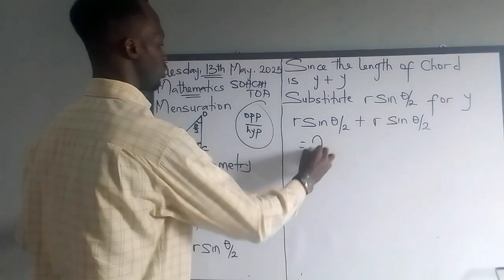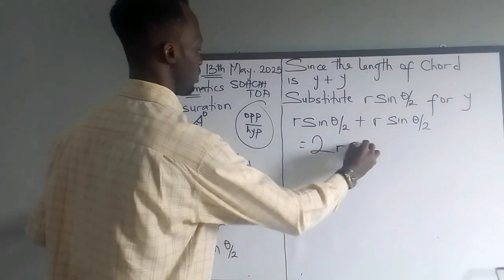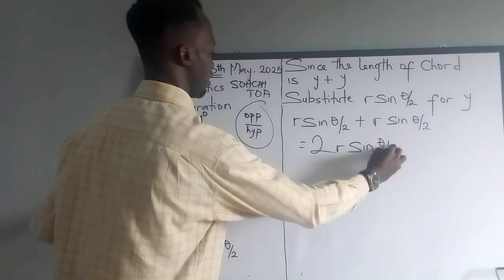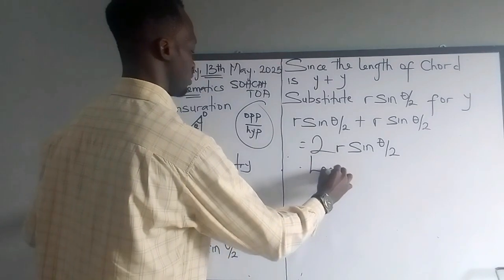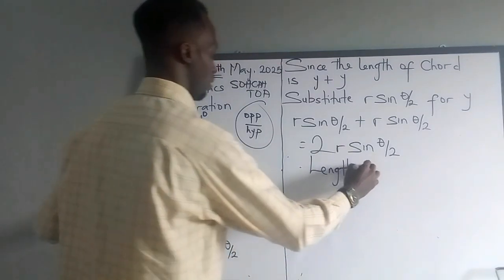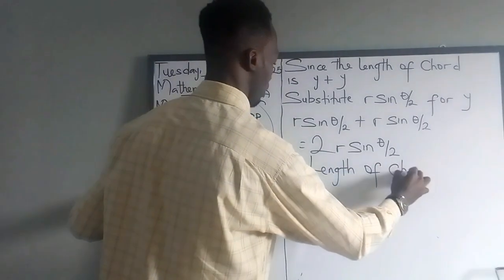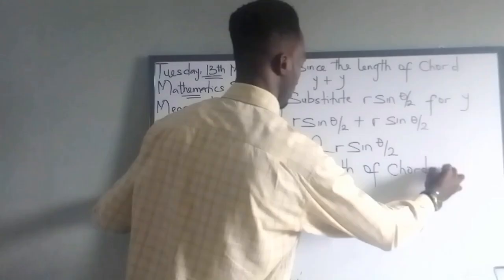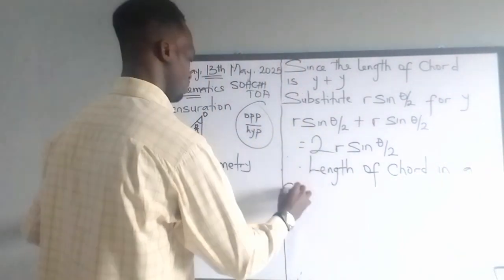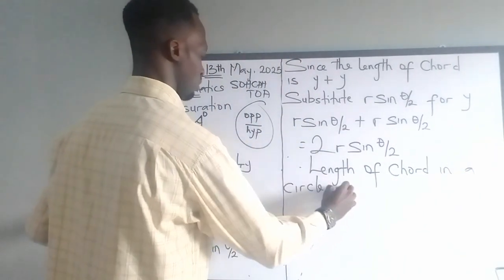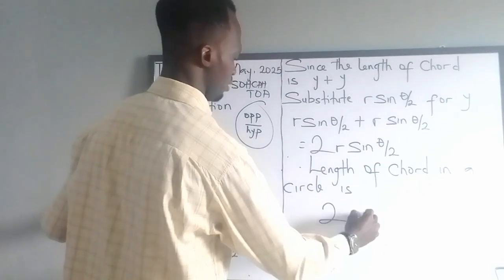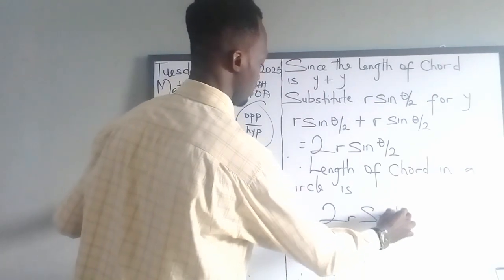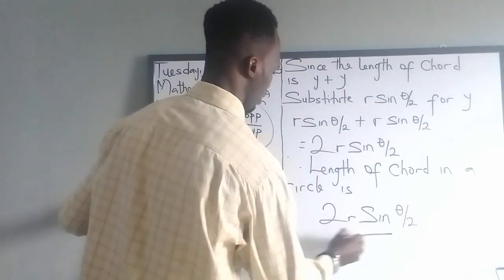This will give 2R sine theta over 2. Therefore, the length of chord in a circle is 2R sine theta over 2.